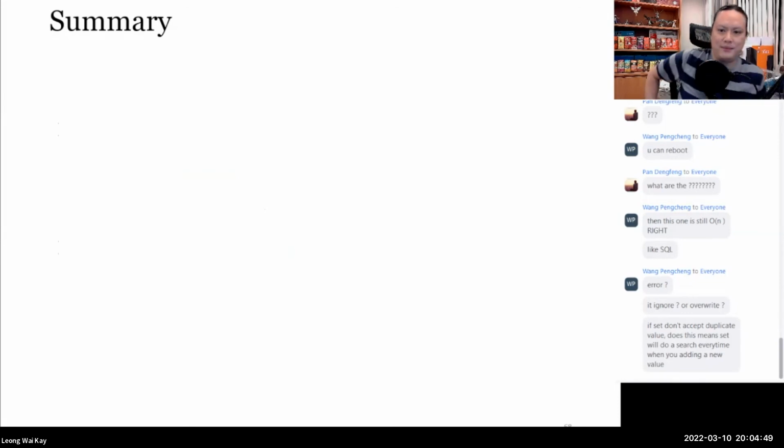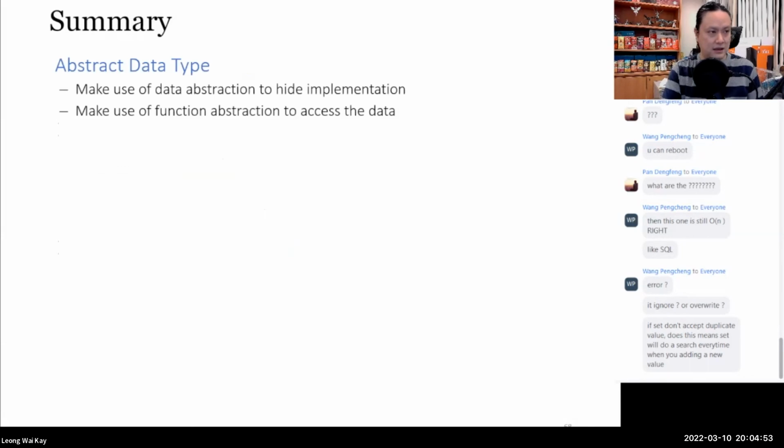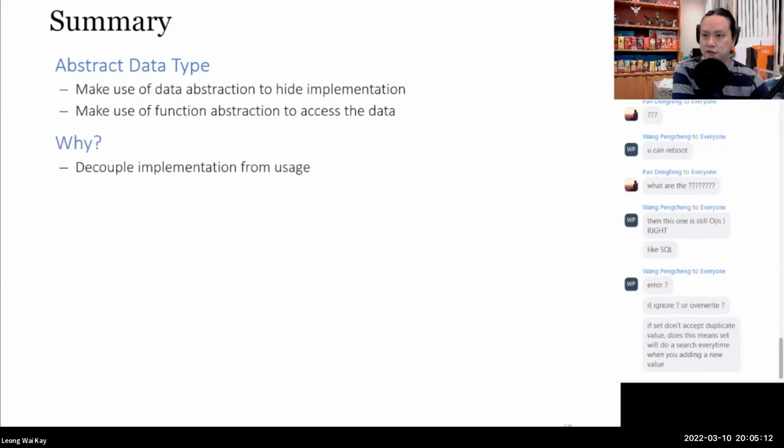Okay, we are ending a little bit early today. So in summary, okay, abstract data type is basically this data abstraction that we use, okay, to hide implementation. All right, it's like function abstraction, but we now use functions to access data, and the reason why is now we want to decouple implementation from usage.